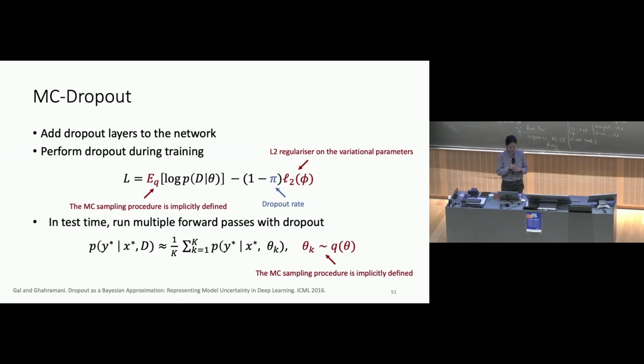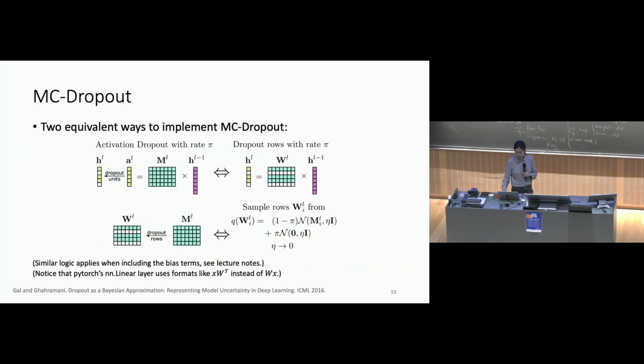It's actually quite an interesting method. Let's see how it works. It is still optimizing the ELBO, but they can write it down as an error term, where in training time you run dropout, plus an L2 regularizer for your weights. So in training time it runs the same way as dropout. But in test time, you also run multiple forward passes with dropout to get an ensemble and then get the output. So the actual Q distribution for this dropout method looks like this.